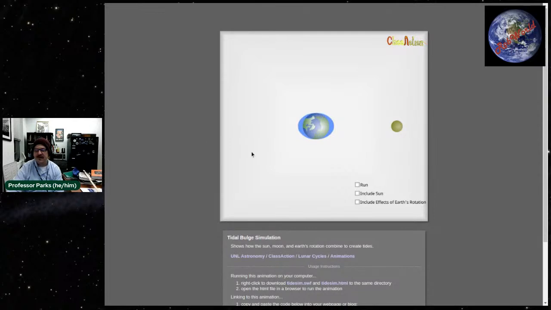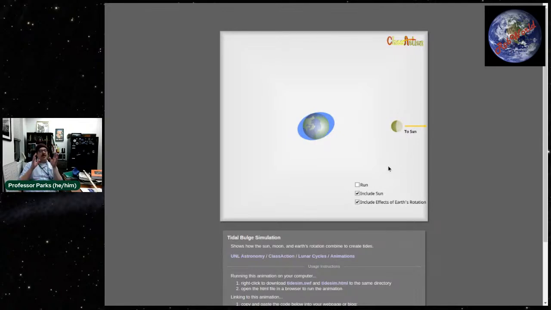So we have, again, the Earth, obviously, and the exaggeration of the tides as brought upon by the moon. Now, if we include the effects of the Earth's rotation, you can see again that bulge has rotated slightly. But then let us include the sun. So the sun is over to the right.